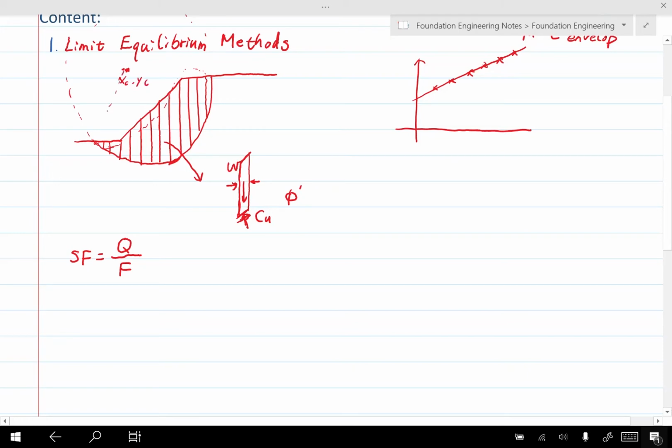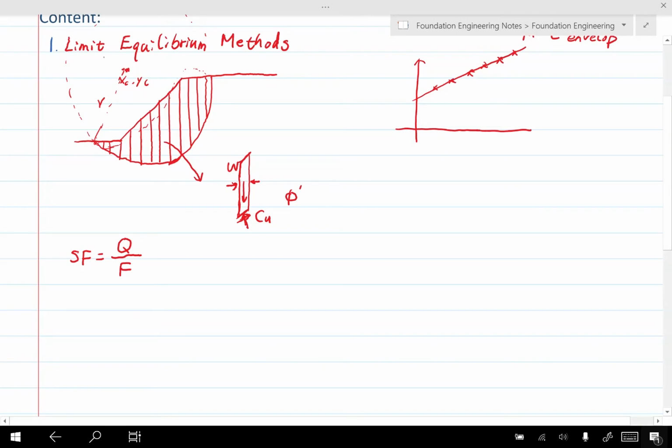We also need to assume the R. We try different combinations of XC, YC, and R values, and we choose the slip surface that can generate the lowest safety factor. That lowest safety factor is the worst situation. As we mentioned before, for design, we want to consider the worst situation. So the minimum safety factor would be the true safety factor.